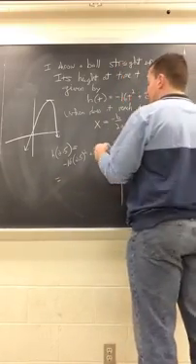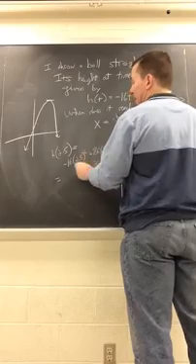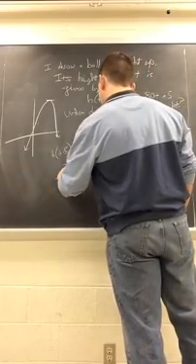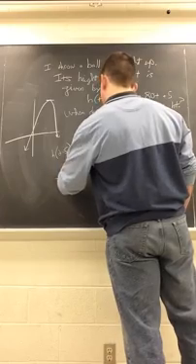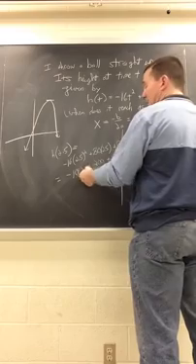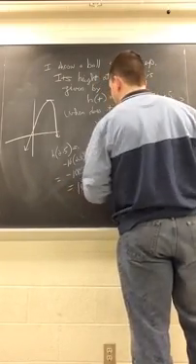And then really quickly, let's see, 80 times 2.5 is 200. 2.5 squared times negative 16 is negative 100. And you get 200 minus 100, which is 100 plus 5, 105 feet.